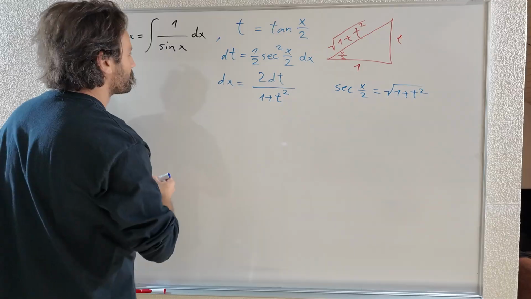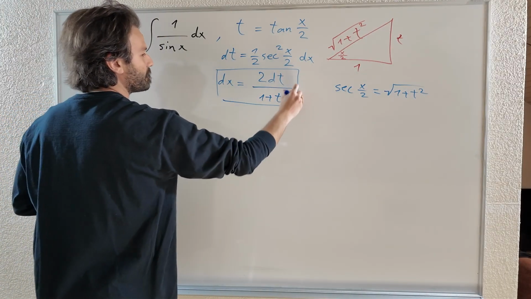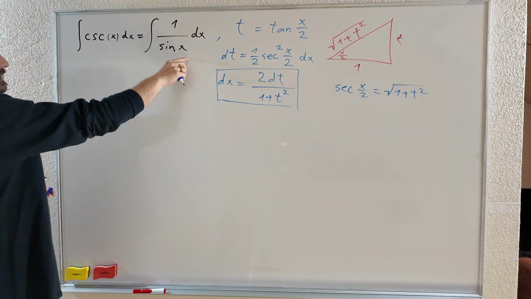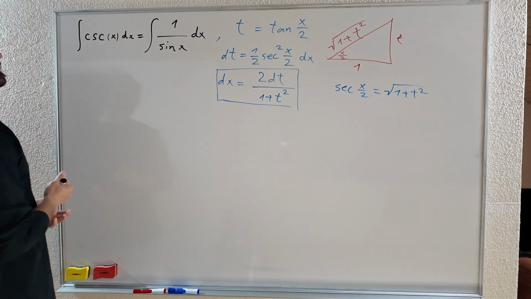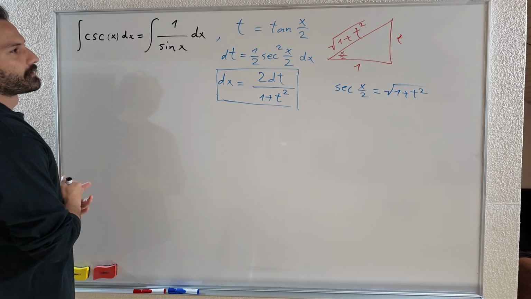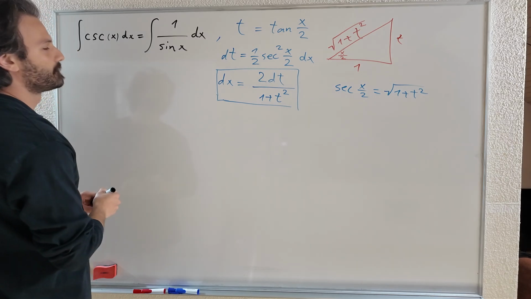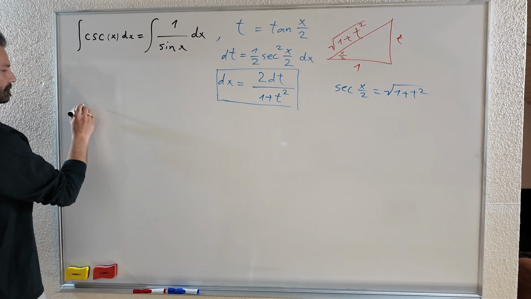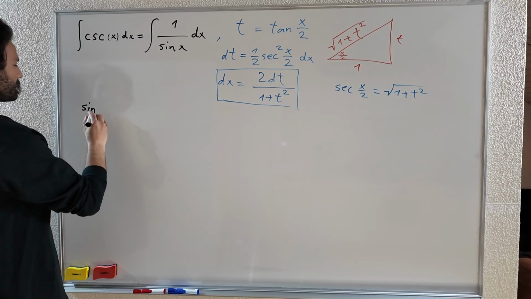Now we found the expression for our dx, but our integral contains sine of x. In order to express sine of x in terms of sine of x over 2, we actually need to take the double angle identity for sine of x.